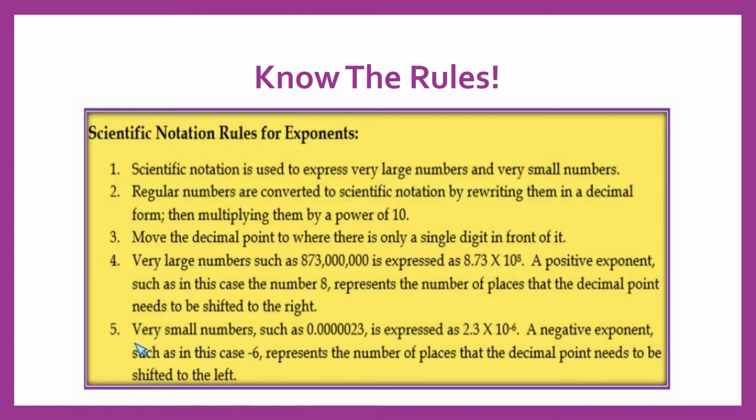Now let's look at very small numbers, such as 0.0000023. This value is expressed in its scientific notation form as 2.3 times 10 to the negative 6. A negative exponent, such as negative 6, represents the number of places that the decimal point needs to be shifted to the left.